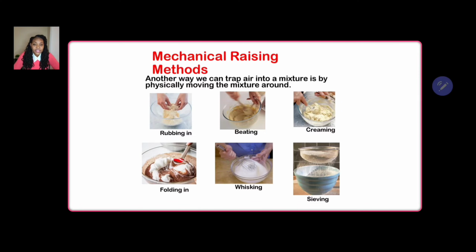And that is why it is very important also for us to fold in carefully when we're folding the dry ingredients with the liquid ingredients, so we not only enable the mixture to be mixed evenly, but also we're trapping air as well.